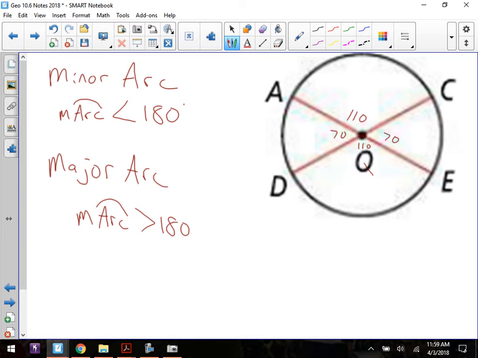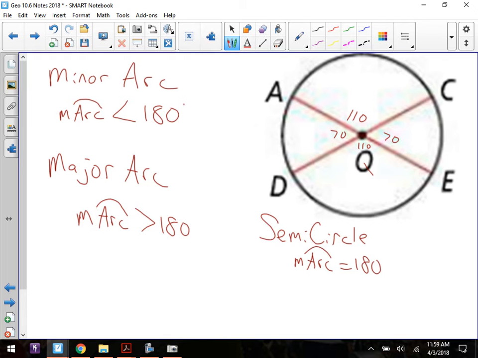What do you think it's called if it equals 180 degrees? If it's 180 degrees, that means it's half a circle, right? Exactly, it's called a semicircle. So a semicircle is an arc that equals 180.